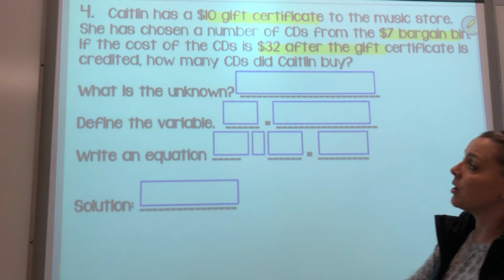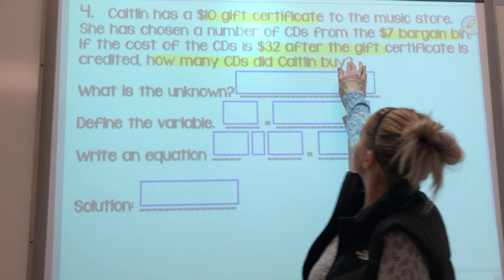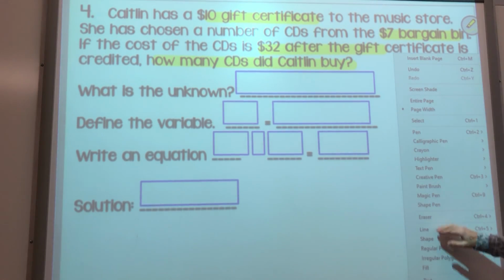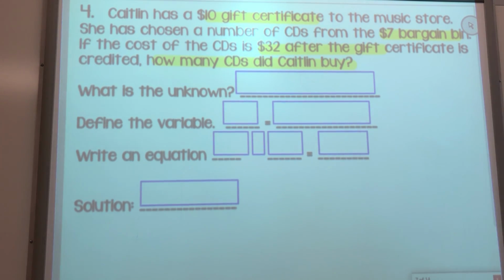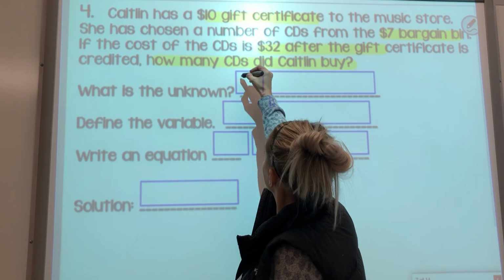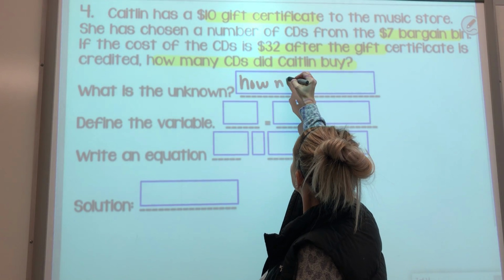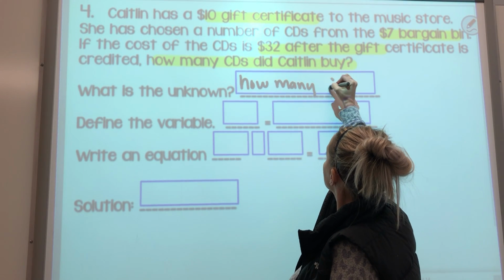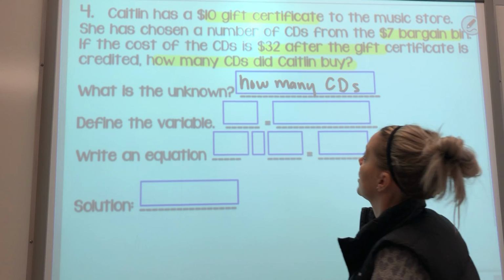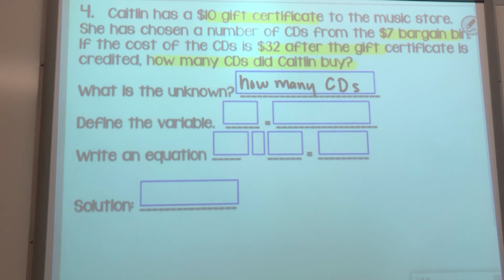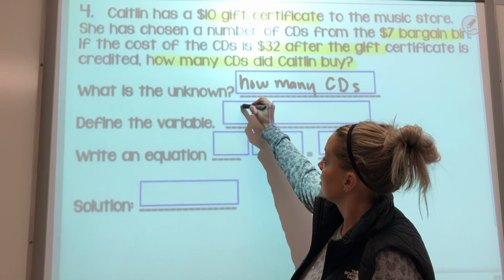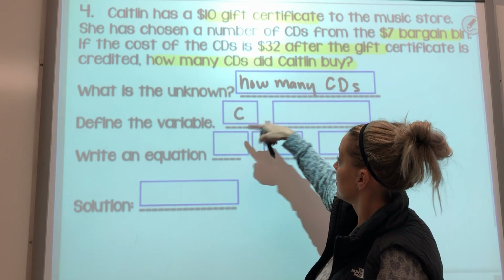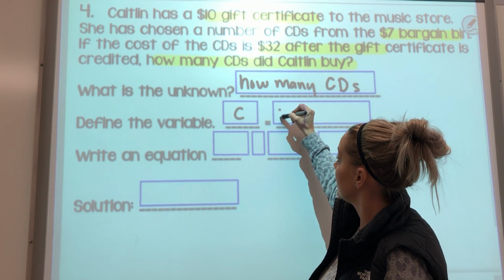And they want to know how many CDs Caitlin bought. So that's our unknown. So we can define the number of CDs by C.